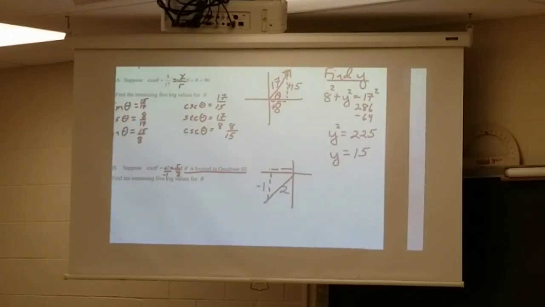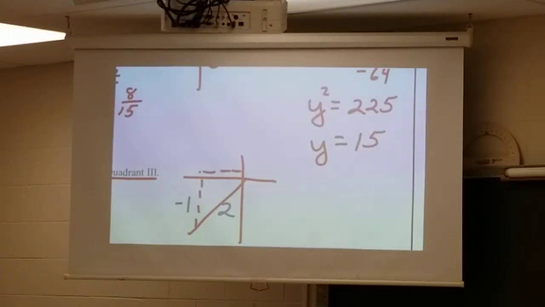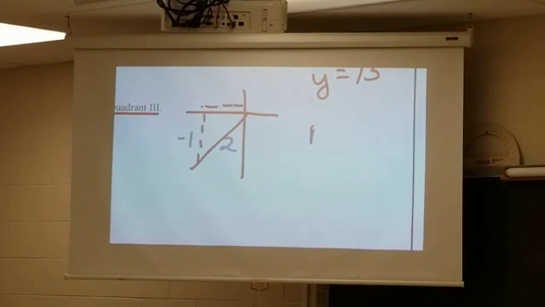Let's find X. This is always part of these problems where you have to find the third side. Even last night's homework, you had to find the third side. Make sure that you're always careful plugging into the Pythagorean theorem.